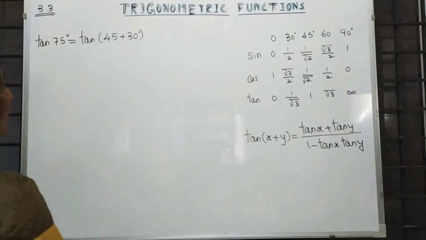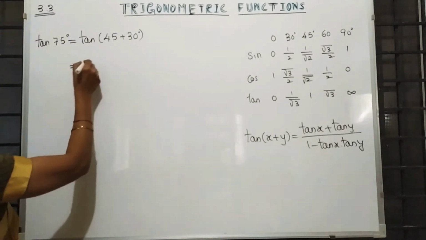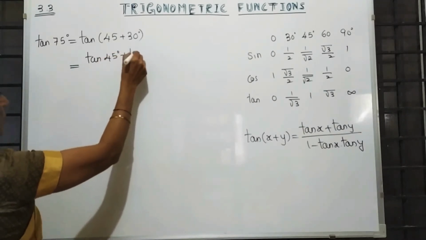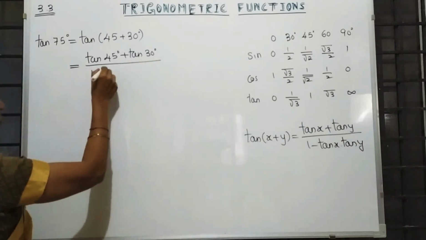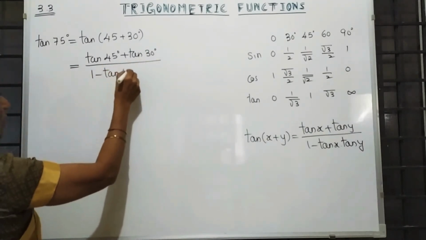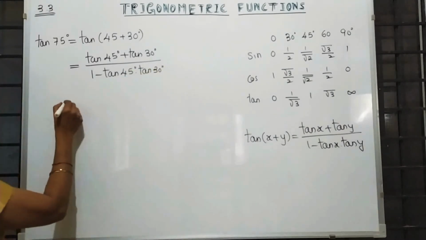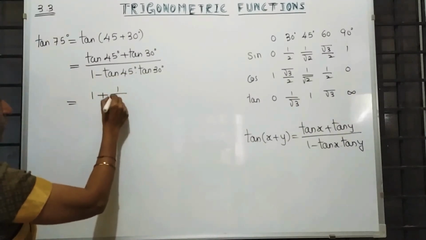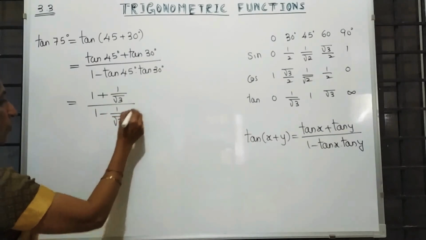So in place of x we have 45 degree. Write down tan 45 degree plus tan 30 degree divided by 1 minus tan 45 degree into tan 30 degree. Tan 45 is 1, tan 30 degree is 1 by root 3, divided by 1 minus 1 by root 3.